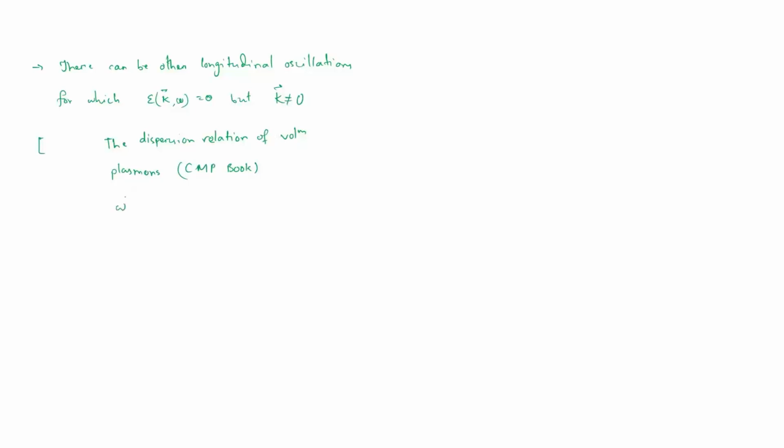usually given by omega squared is equal to omega p squared plus 2 EF over 3m times k squared, where EF is the Fermi energy, k is the wave vector, and m is the mass of the electron. And this is true up to second order in k.